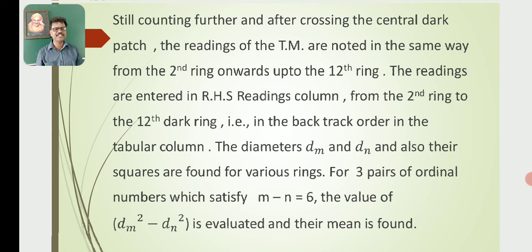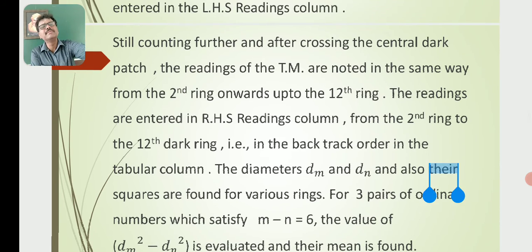The diameters DM and DN and also their squares are found for various rings. For 3 pairs of ordinal numbers which satisfy m minus n is equal to 6, the value of dm square minus dn square is evaluated and you can take the mean of those values.